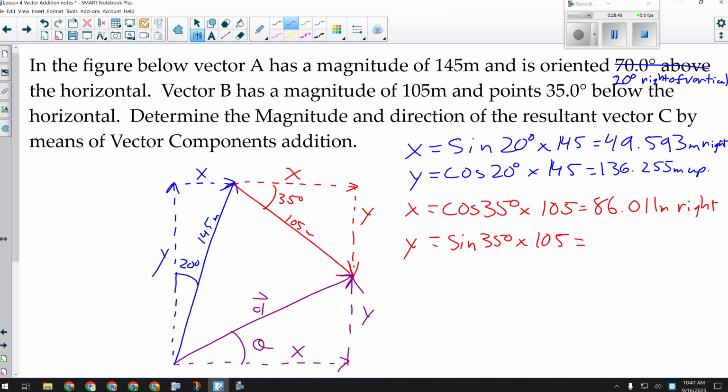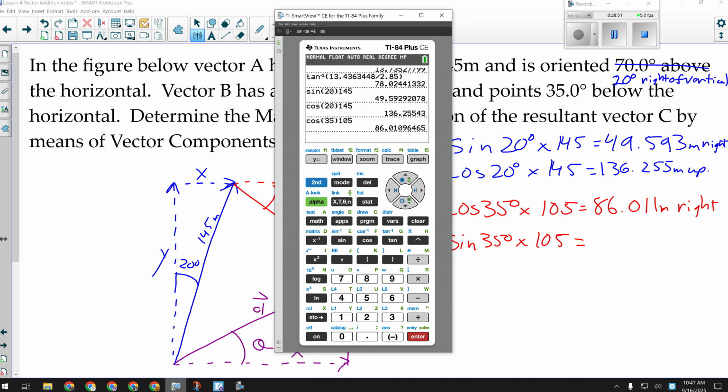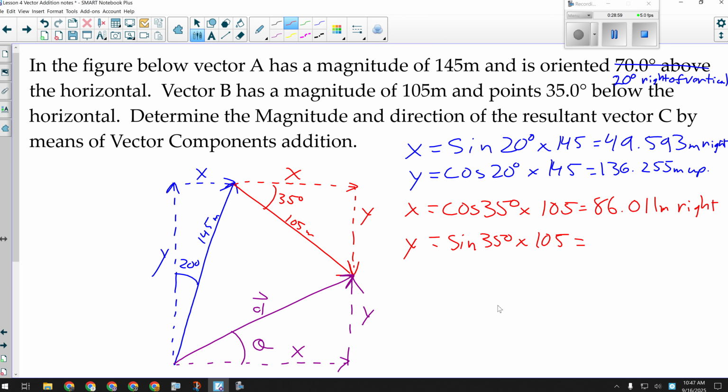This will be the shorter of the two sides more than likely. So sine of 35 times 105. 60.226 meters down. That's where writing the directions comes into play.